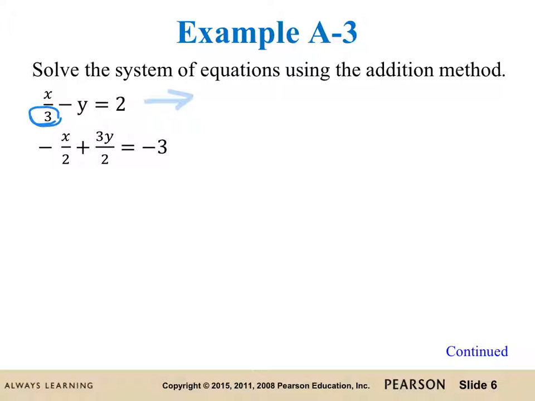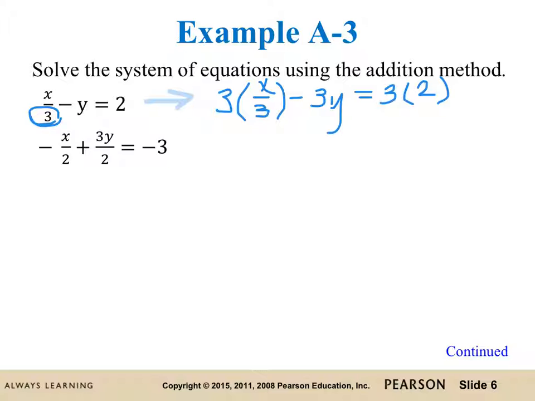equation is 3. So 3 times every single term, x over 3, minus 3 times y equals 3 times 2.